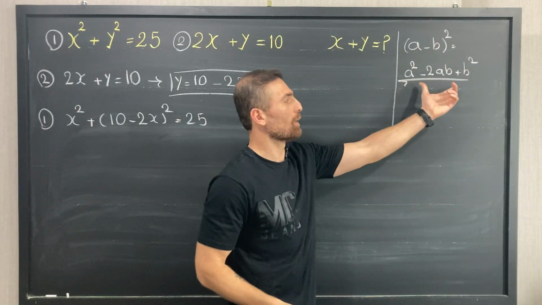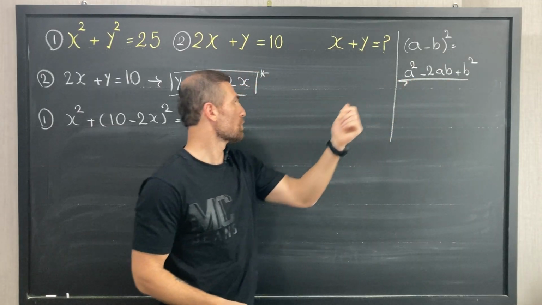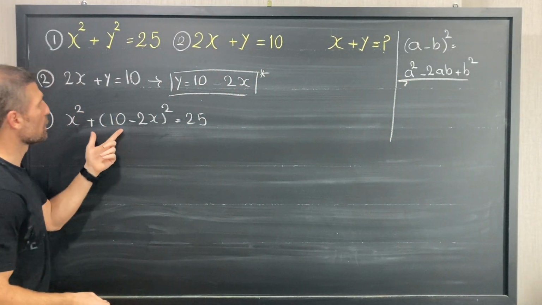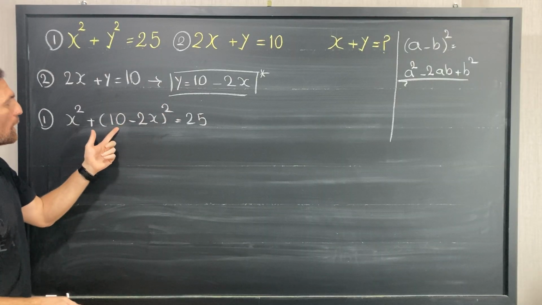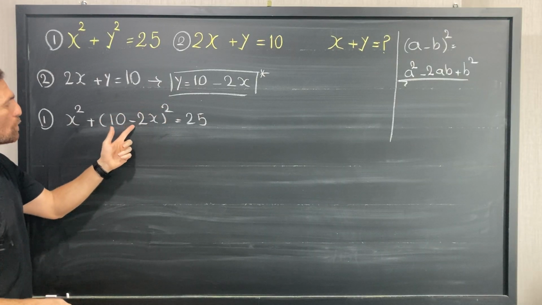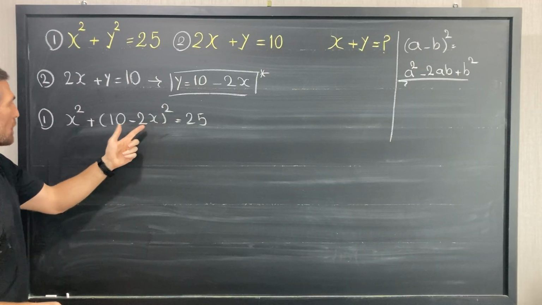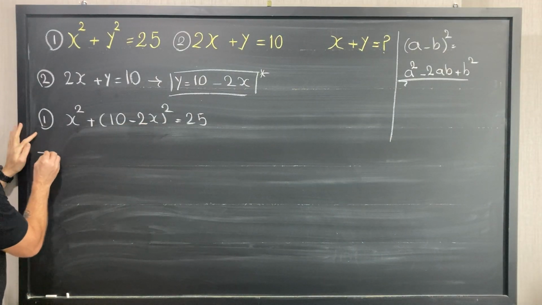Now we can follow this to find the value of 10 minus 2x squared. So 10 minus 2x squared is going to be 10 squared minus 2 times 10 times 2x plus 2x squared. Let's see what is our answer.